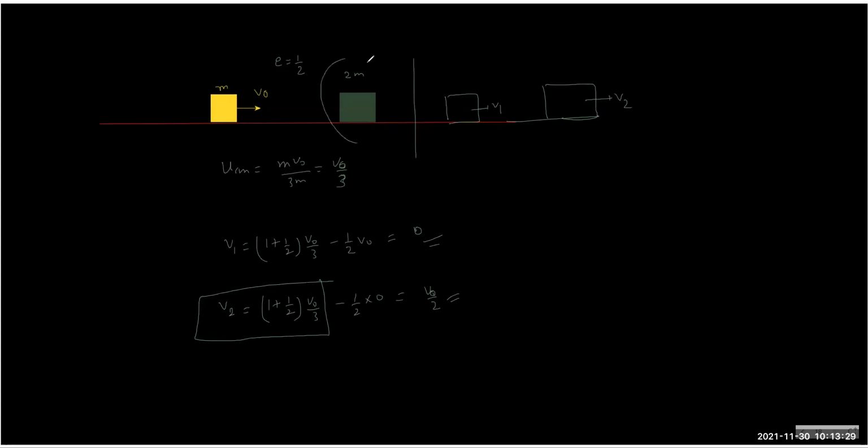Because this is at rest, V2 must be equal to simply (1 plus e) U_CM. This is the fixed answer. Any particle which is at rest will have this answer, no matter what. Understood? Is this clear, guys? Yes.